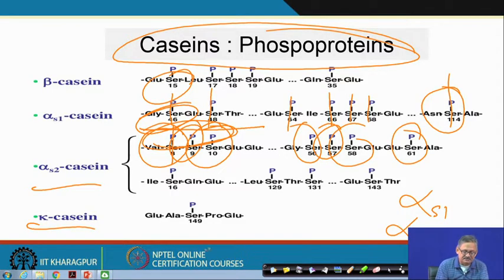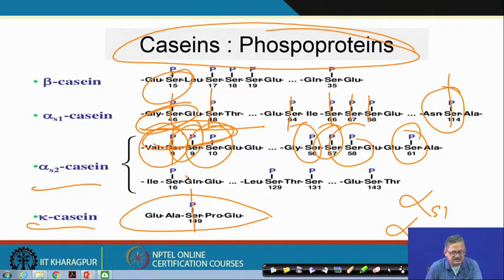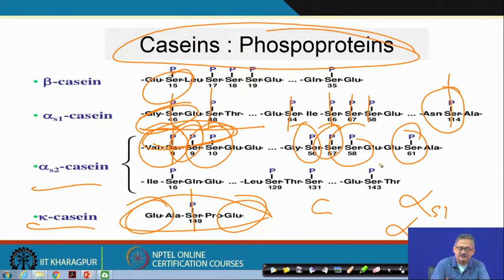Similarly, kappa casein, this of course is having very less phosphate, because of the composition of the amino acids.